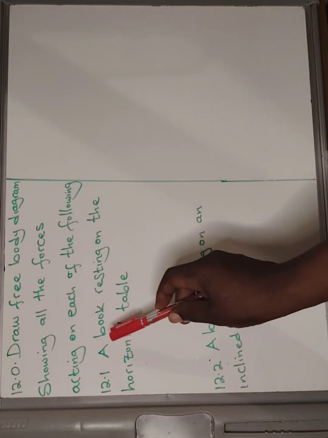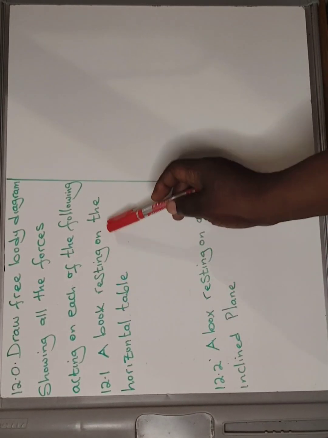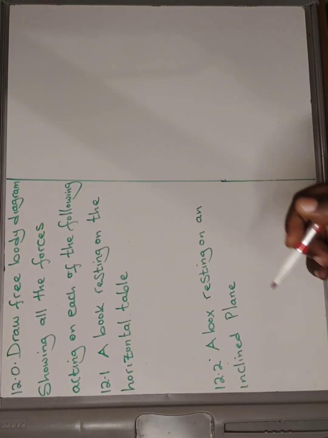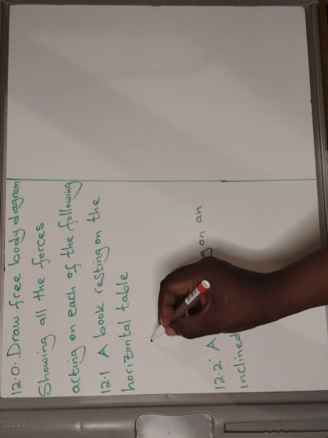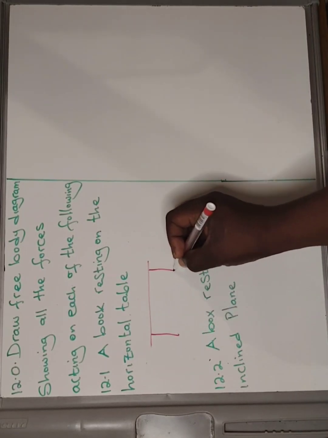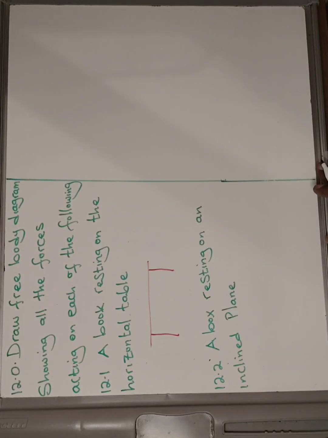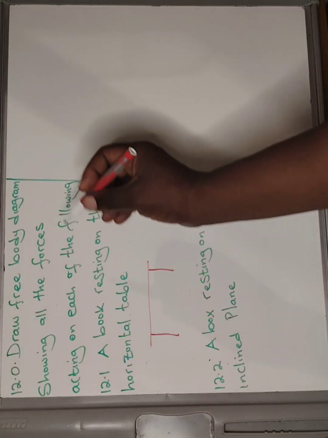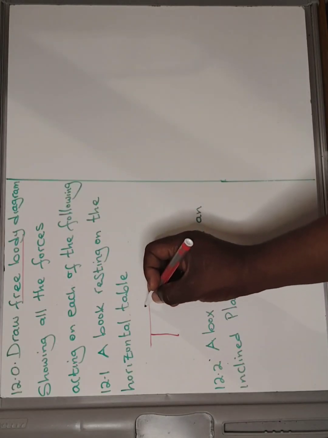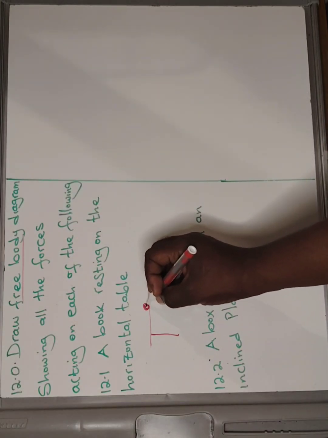It says a free body diagram of a box resting on the horizontal table. So what do we have here? We're going to assume this is our table. And we are representing what? Free body diagram. So our body comes as a dot.